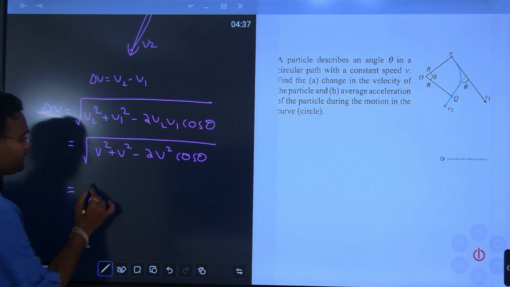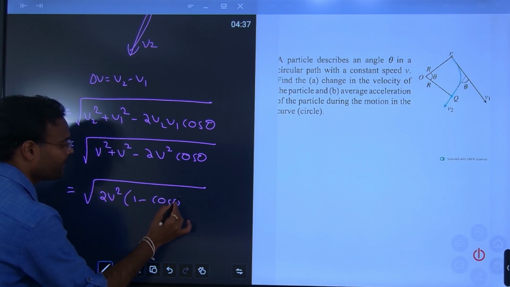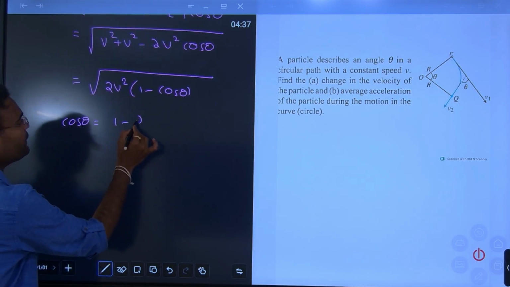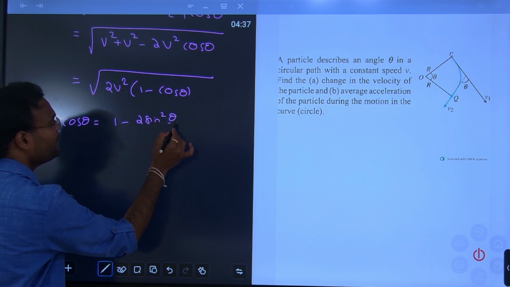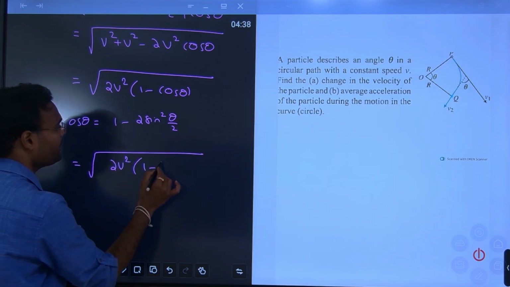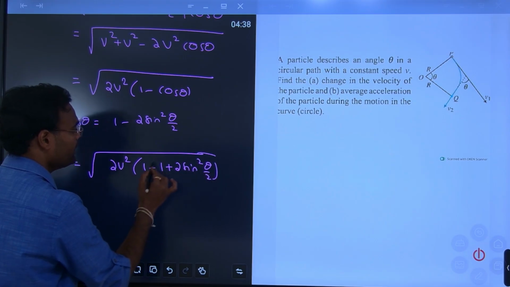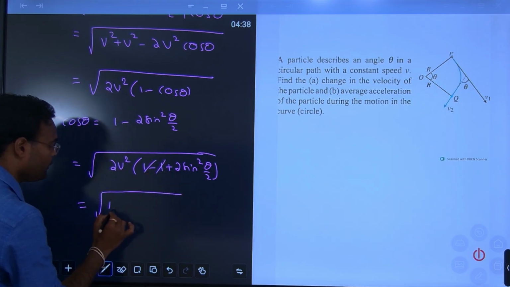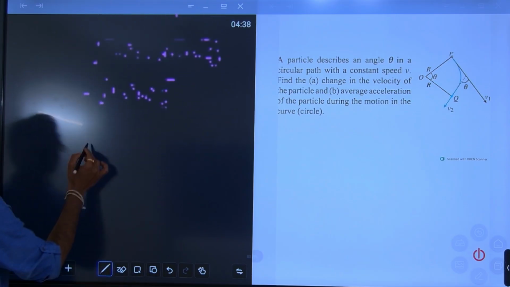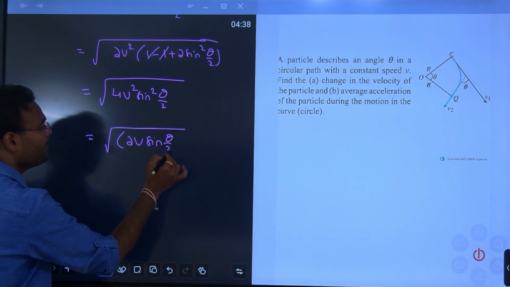Then next, this is the root of 2v square into 1 minus cos theta. By using 1 minus cos theta equals 2 sin square theta by 2, this is 2v square times 2 sin square theta by 2, which is 4v square sin square theta by 2, or I can write it as the root of 2v sin theta by 2 whole square.